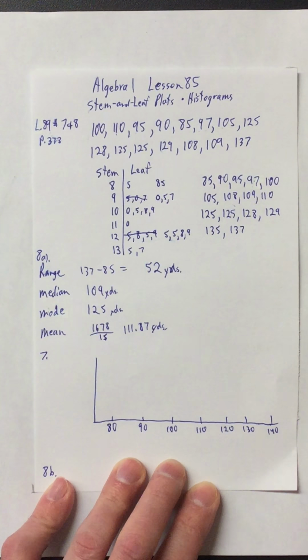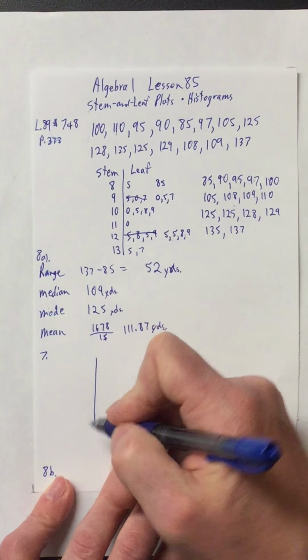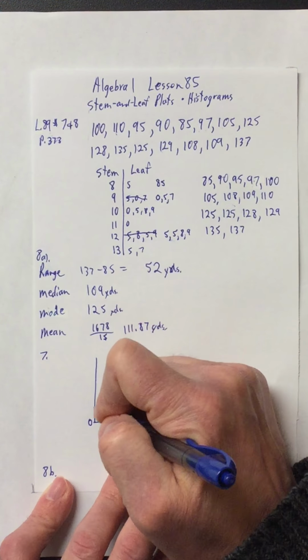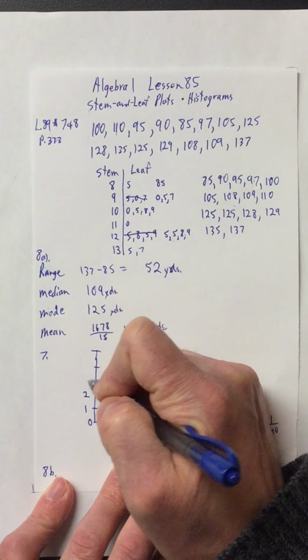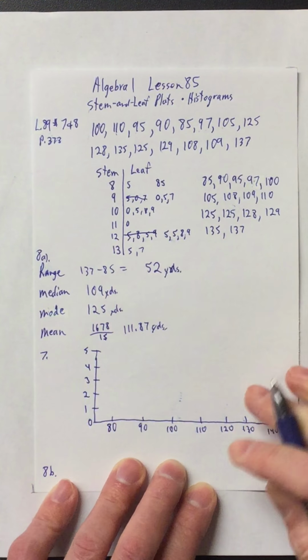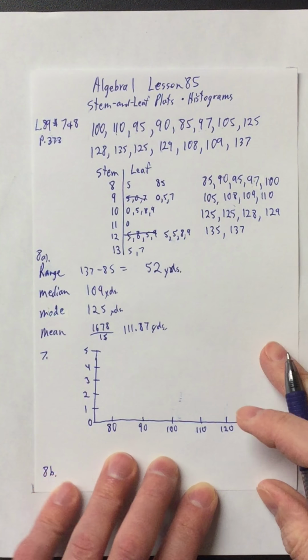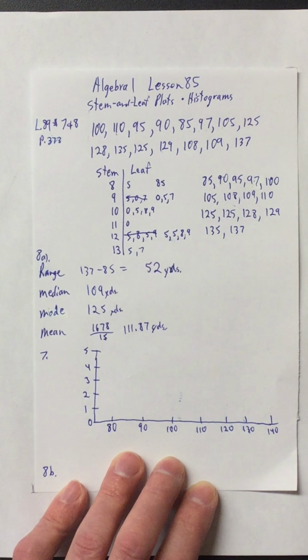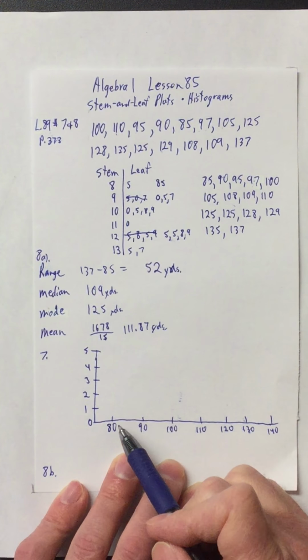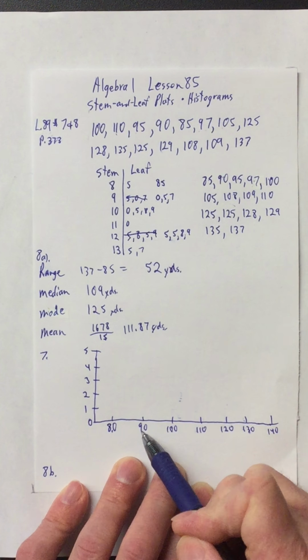So I went by tens on the bottom, and then on the side here, we're just going to count up by ones as high as I need to go. So 1, 2, 3, 4, and 5. Once again, this is just frequency. It shows how many numbers are in a certain designation. So my designation is between 80 and 90.